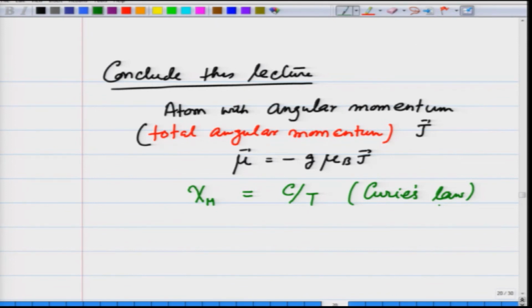How these J's and L and S are calculated will be the subject of the next lecture.